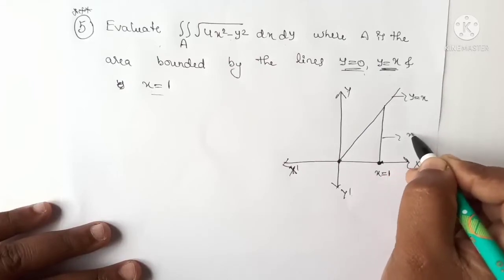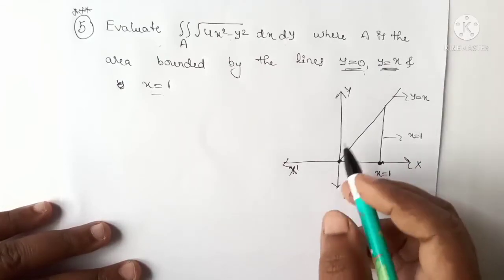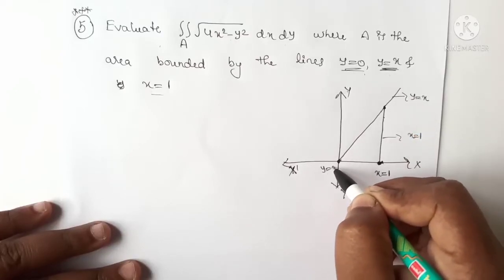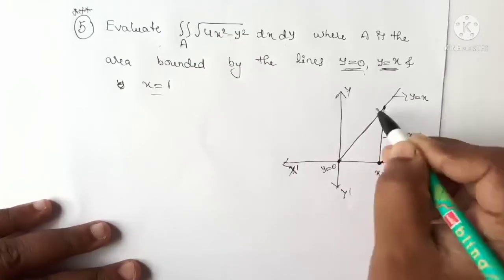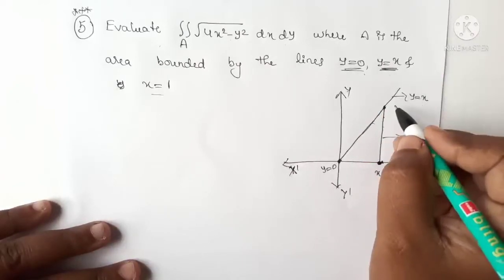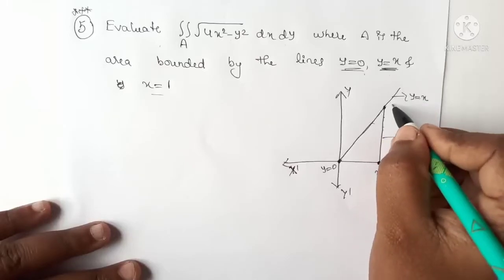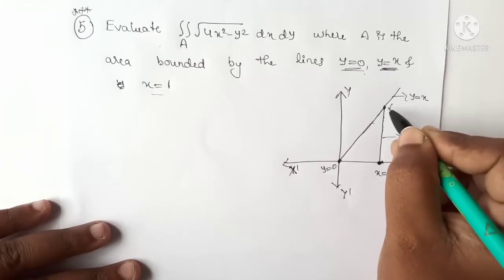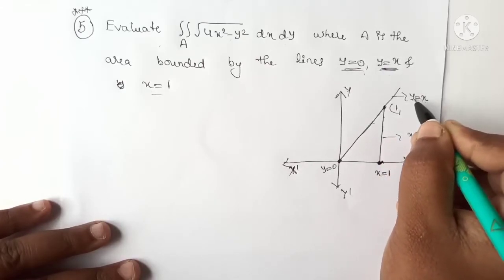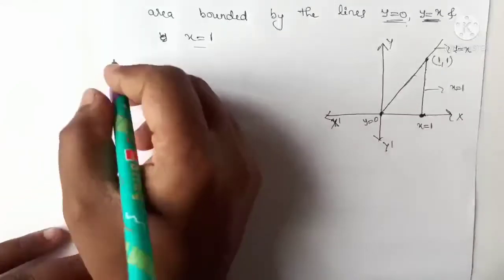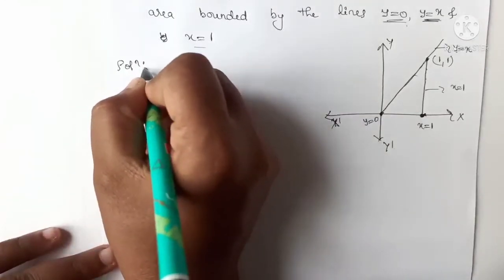Just roughly we have taken this point to represent x equals 1, and this line represents x equals 1. Now the point of intersection of these lines: obviously because y equals x and x equals 1 here, then y equals x, therefore it is 1. Now the solution.